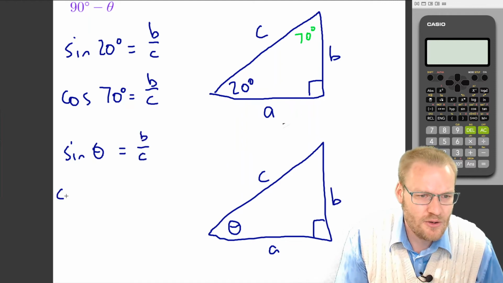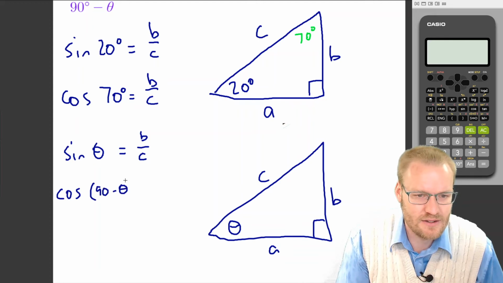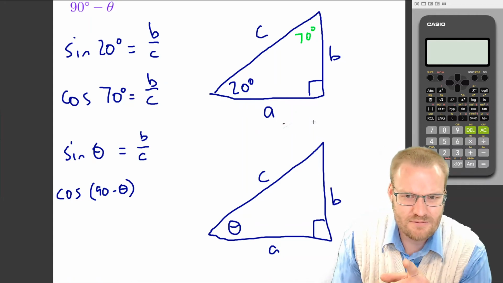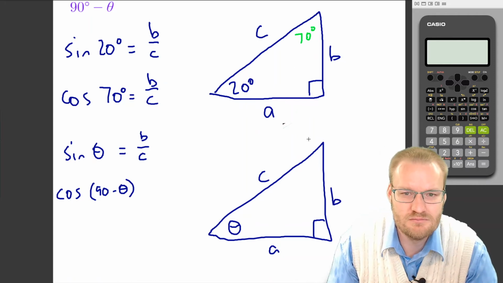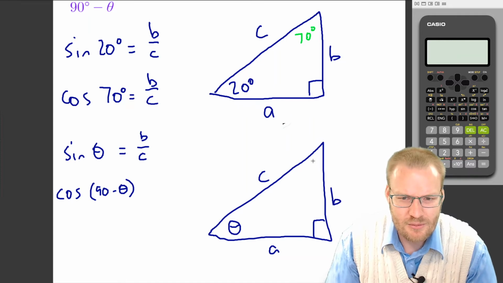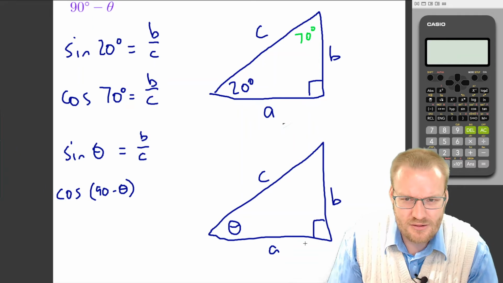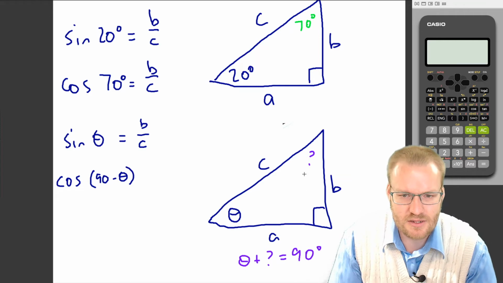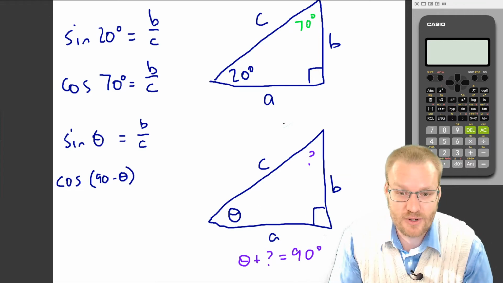And now we're going to ask, what is cos of 90 minus theta? It feels like it should be the same because they're carrying on the same logic. But why is this angle 90 minus theta? Let's convince ourselves that if that's theta, then theta plus this mystery angle should be 90, because then 90 plus this 90 gives us our 180.